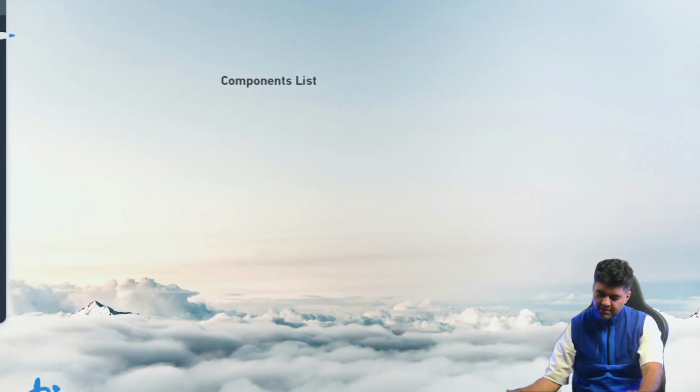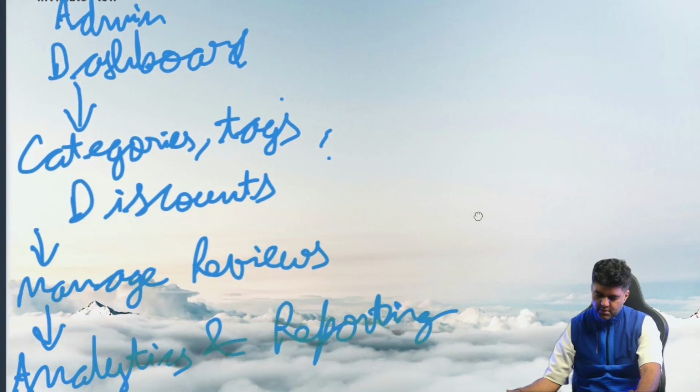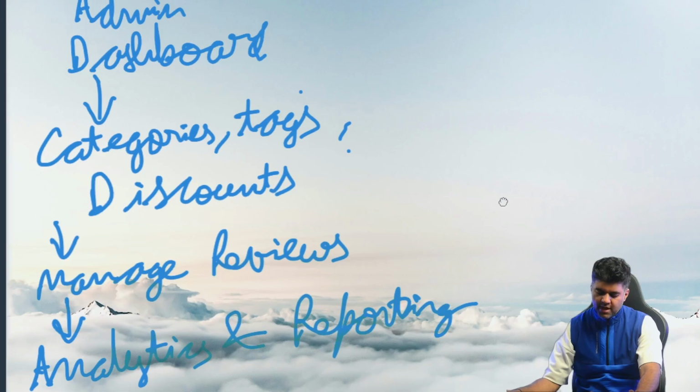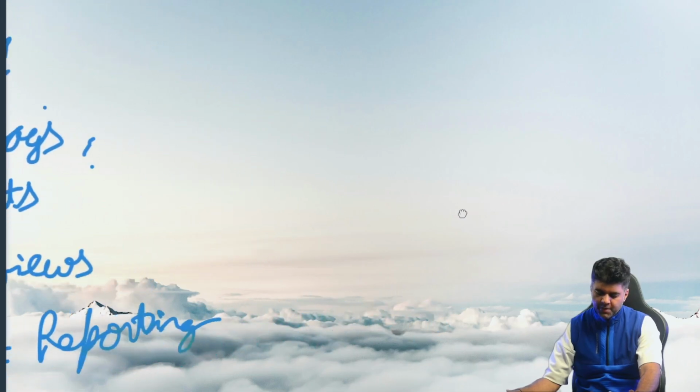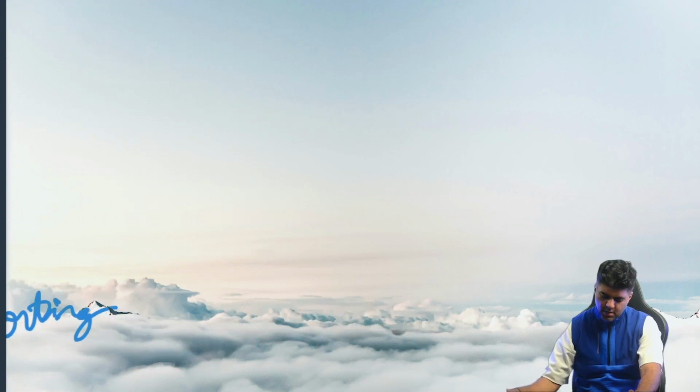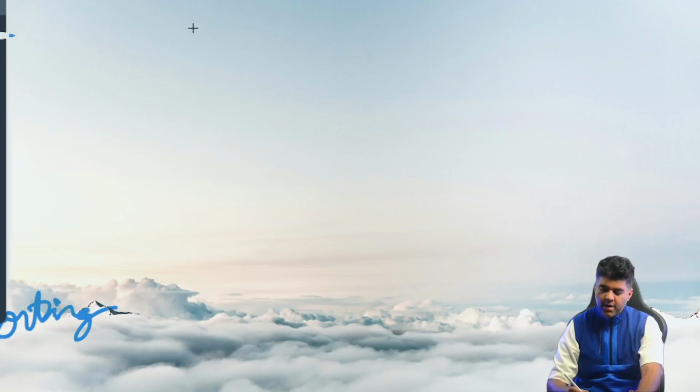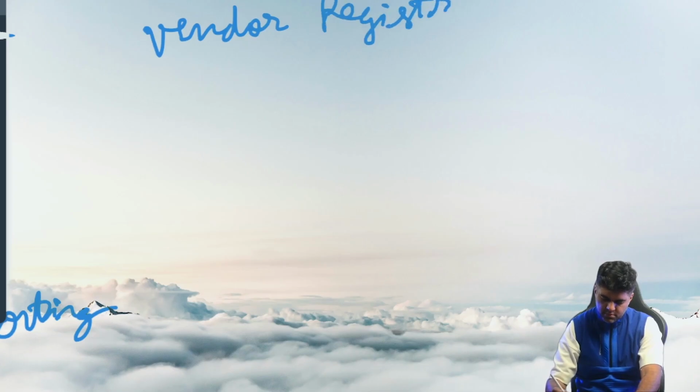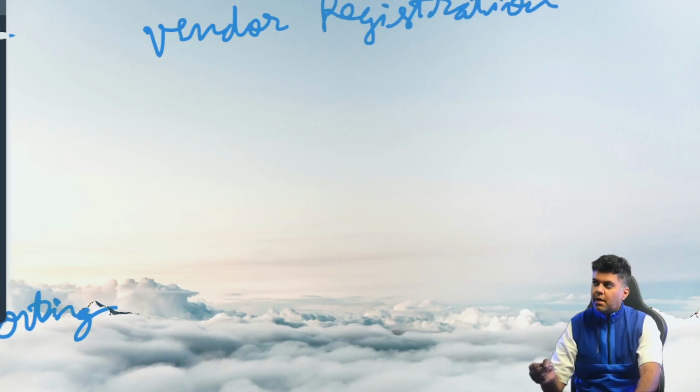Now there are some things that the vendor can also do. Let me first move this to the side. So this is the admin dashboard, categories, tags, discounts, managing reviews, analytics and reporting. Something that the vendor will do is vendor registration, and uploading products and product details.